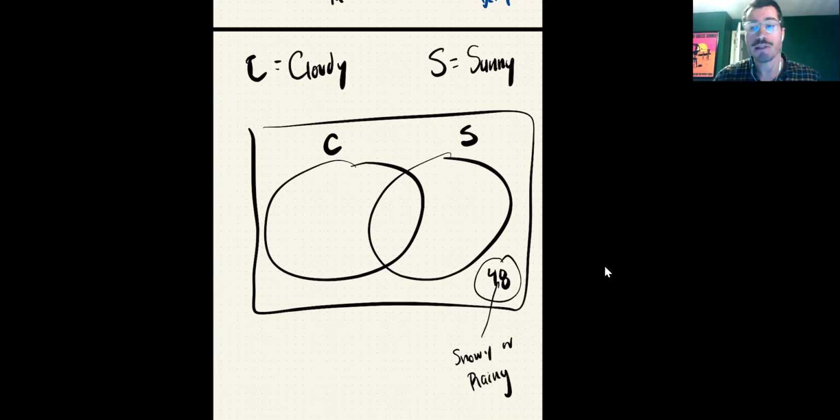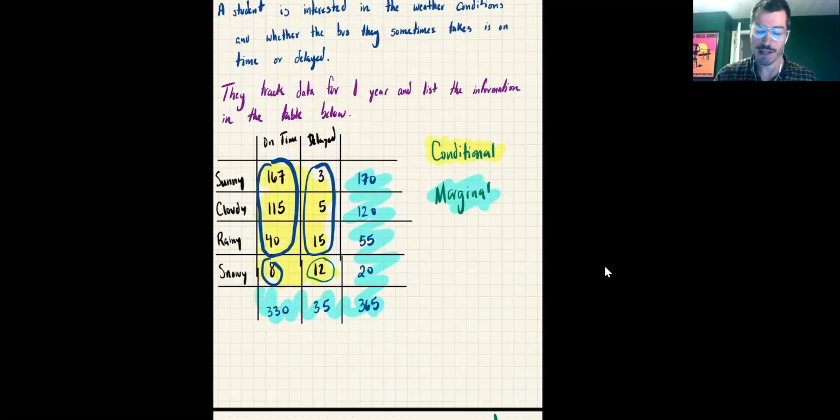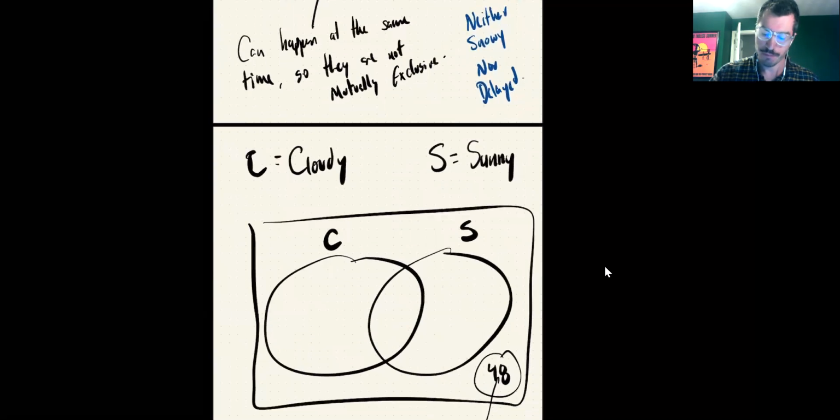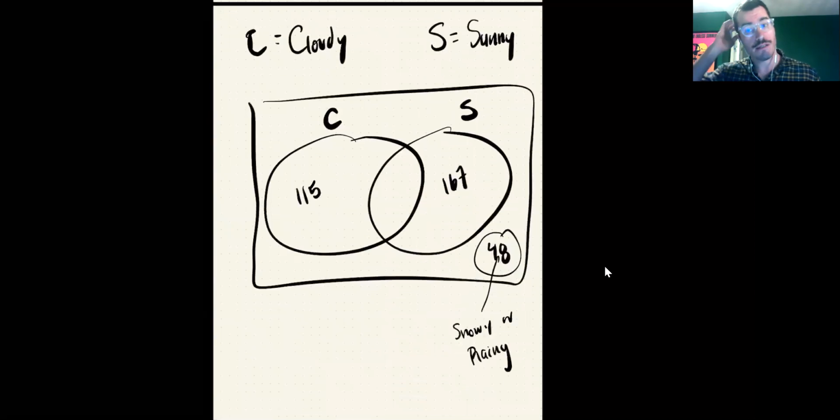How many days was it cloudy? Well, we justified 115 days as being cloudy and 167 days. Let me make sure I get that number right. Yep, 167 days as being sunny. But there are no days where it was both. It's either cloudy or it's sunny or it's neither. We can't have both.